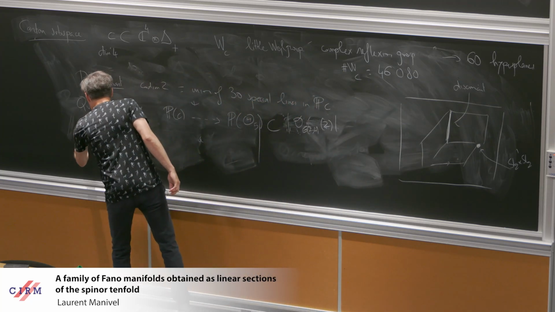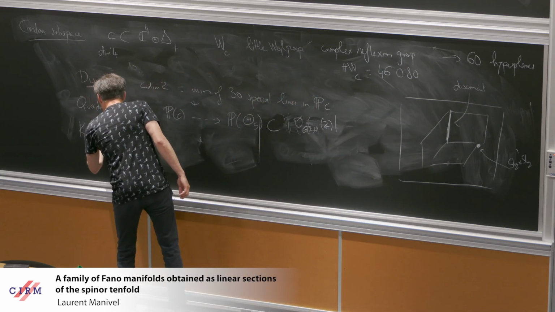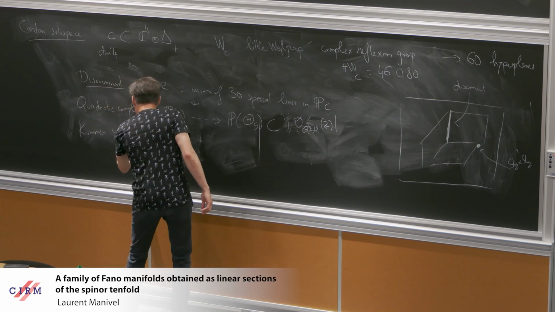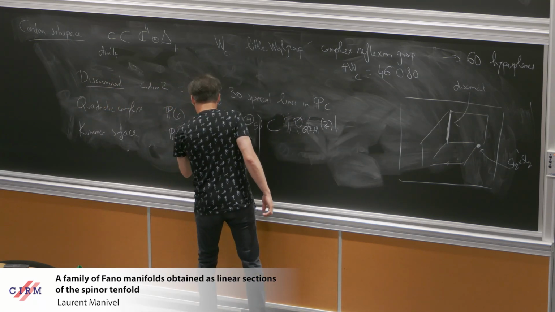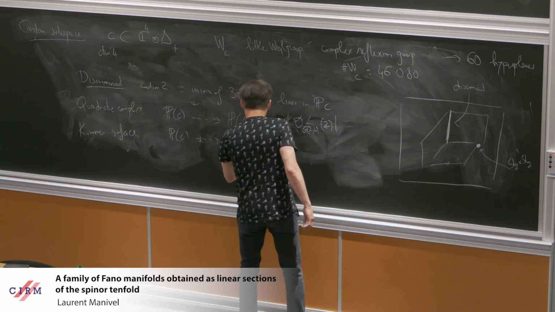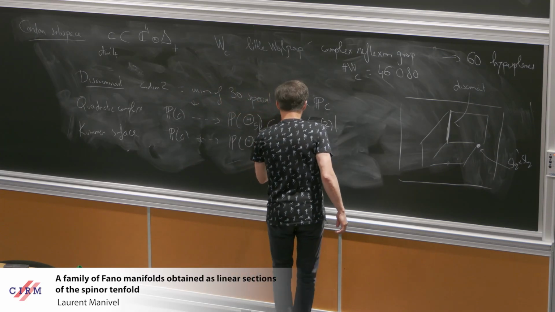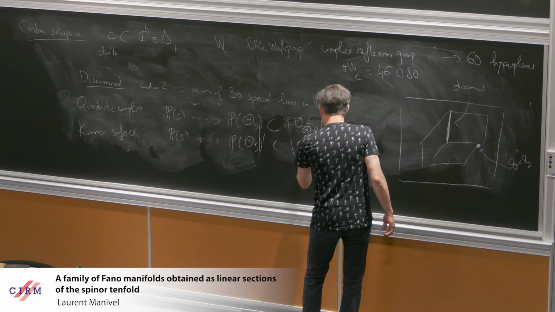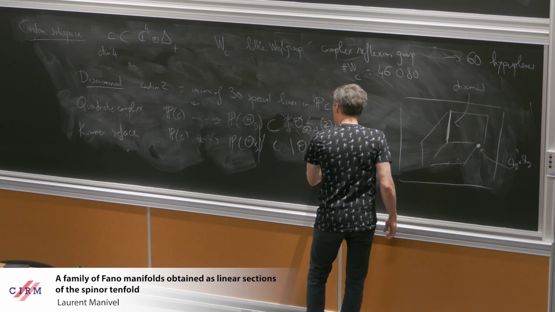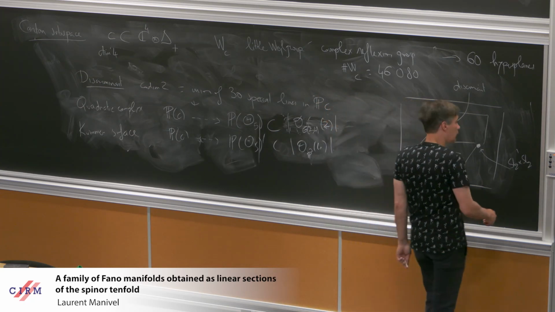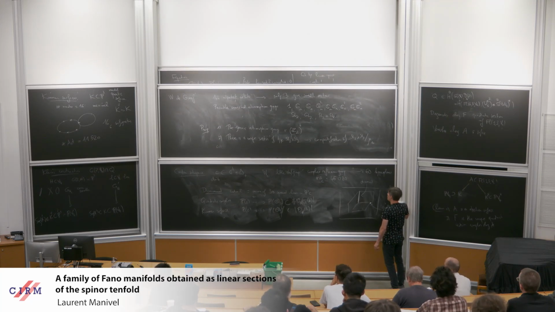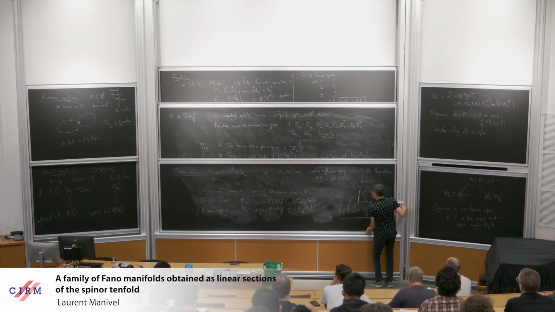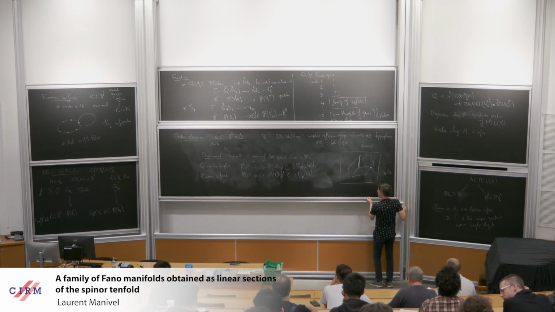And I have the same phenomenon for the Kummer. If I associate to any element of C a Kummer surface, I get another representation. So I can take 2 minutes to give you the statements we have.